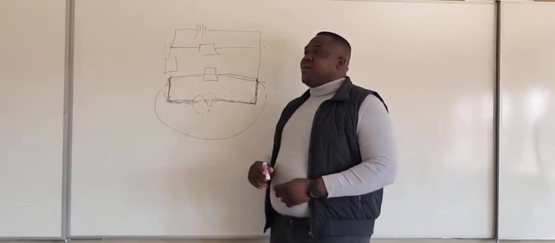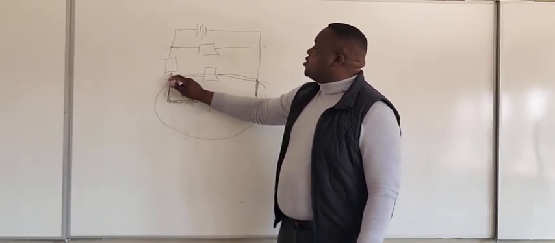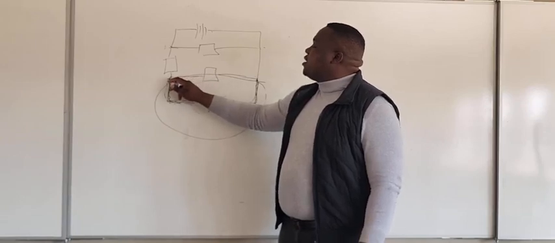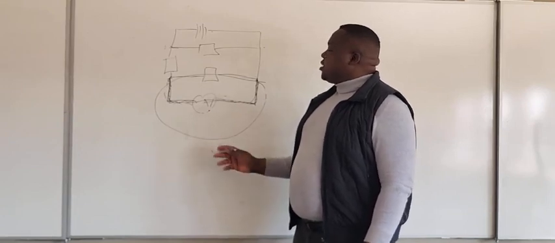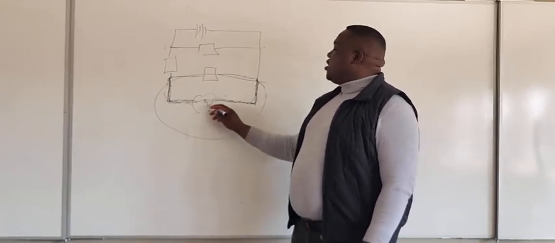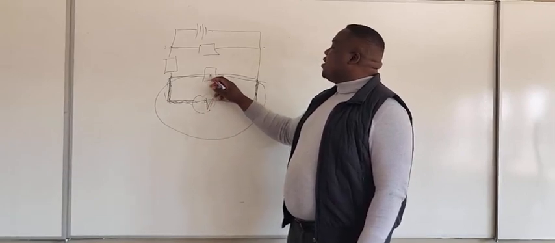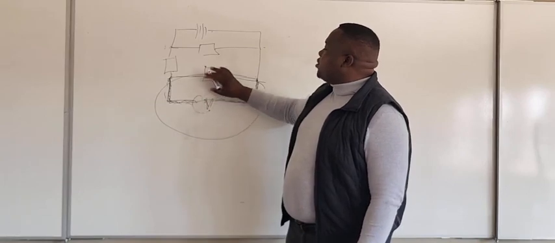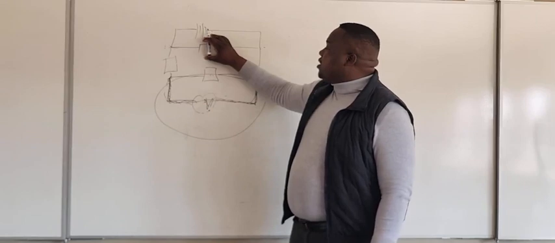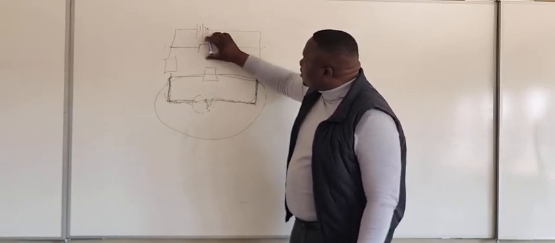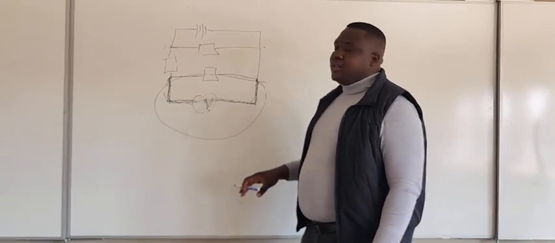When we make our calculation, we don't include this. Since this voltmeter is parallel to this resistor, the reading on this voltmeter and the reading across this one are equal.